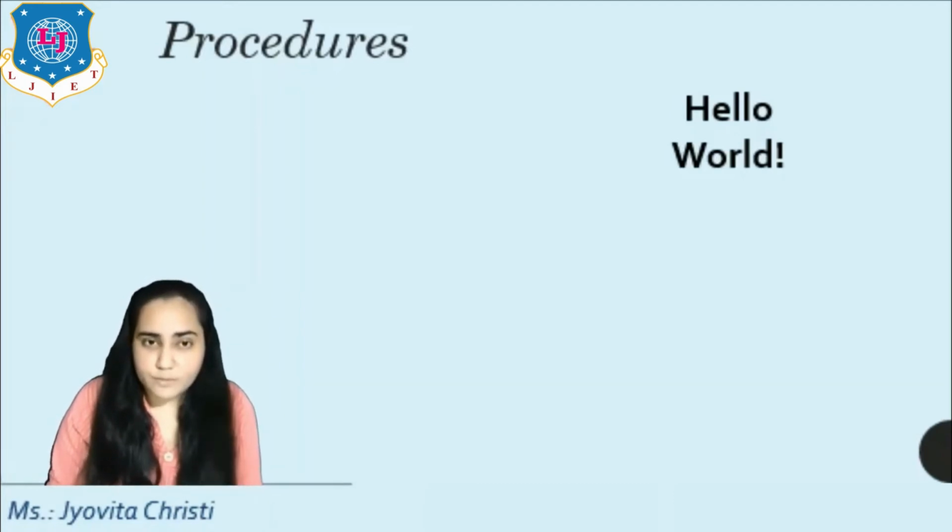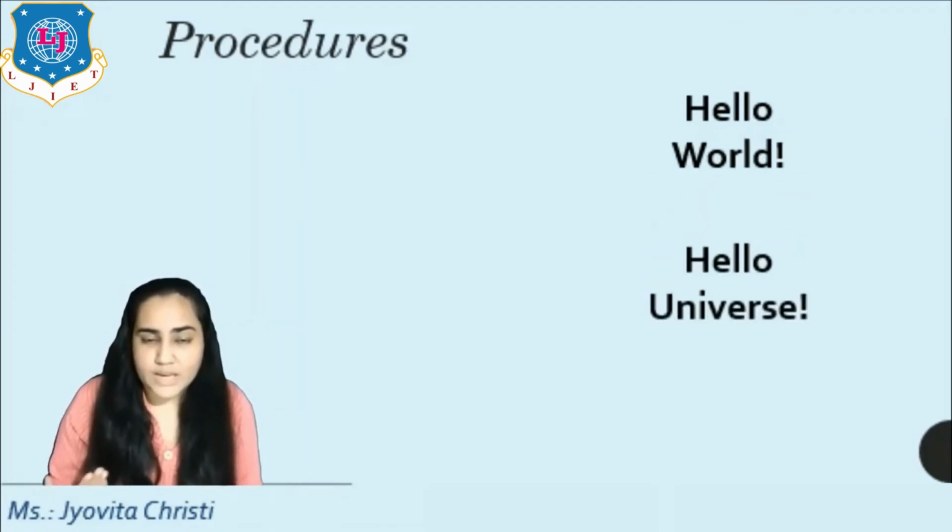Another problem would be, what happens if I want to change that message? Instead of hello world, I now want to say hello universe. In this case, I would have to find all the places in my application code where I have written hello world and change that message to hello universe.